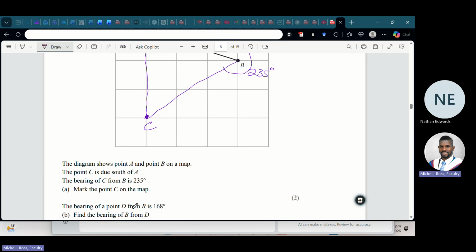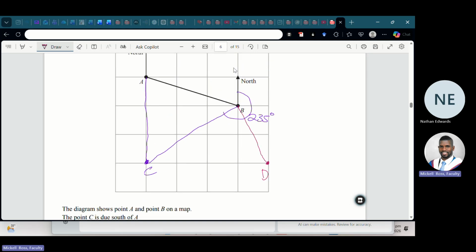The bearing of D. Oh, why did I label it just B? I labeled it a while ago, so it should be D.